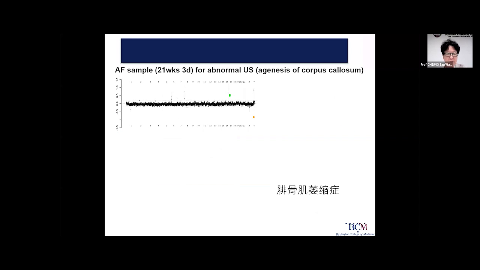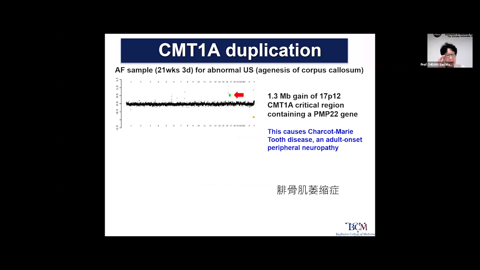An example of this one is an amniotic fluid sample at 21 weeks, 3 days for abnormal ultrasound. And the patient also had agenesis of corpus callosum. And as you can see in the plot, all the things are normal except on chromosome 17.